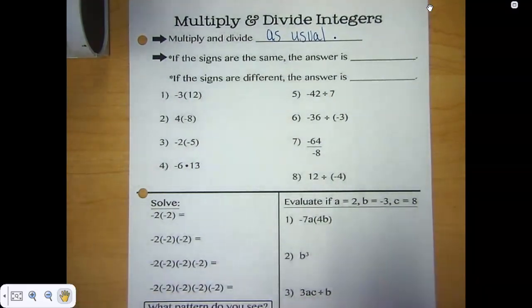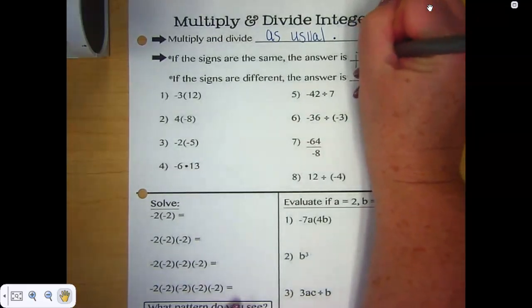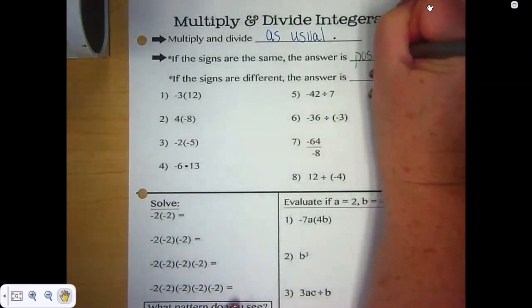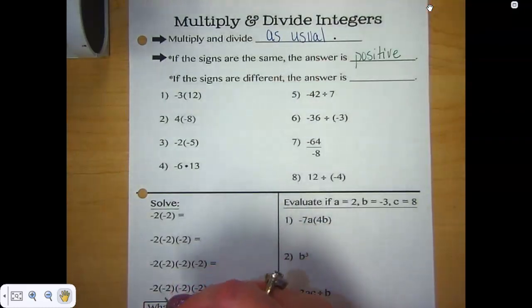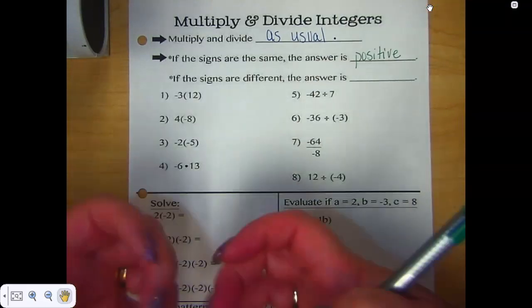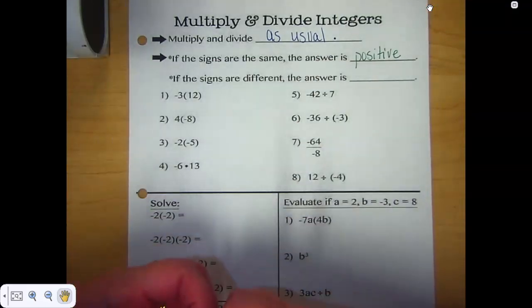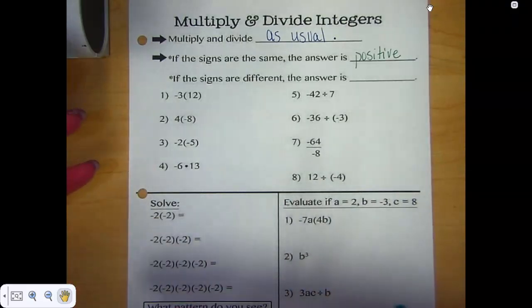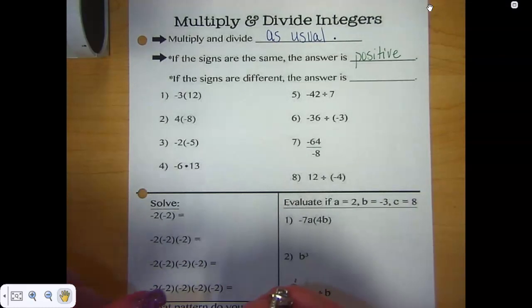The rule is, if the signs are the same, the answer is positive. That means if you have two factors that you're multiplying together and they're both positive, your answer is positive. Or if both factors are negative, your answer is positive. Is that different from our rules when we're adding?